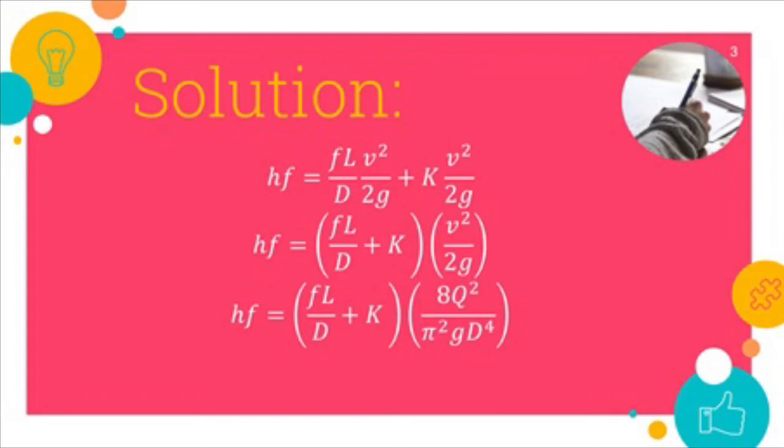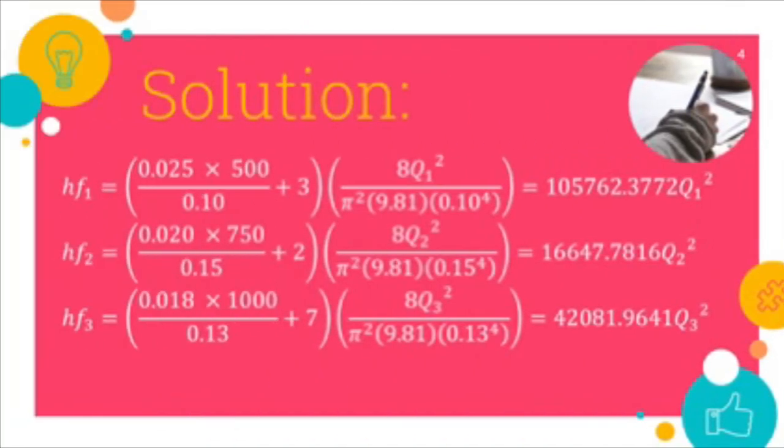And since V squared over 2G is also equal to 8Q squared over pi squared times G times D raised to 4, the equation that we get is HF is equal to FL over D plus K multiplied by 8Q squared over pi squared G times D raised to 4.